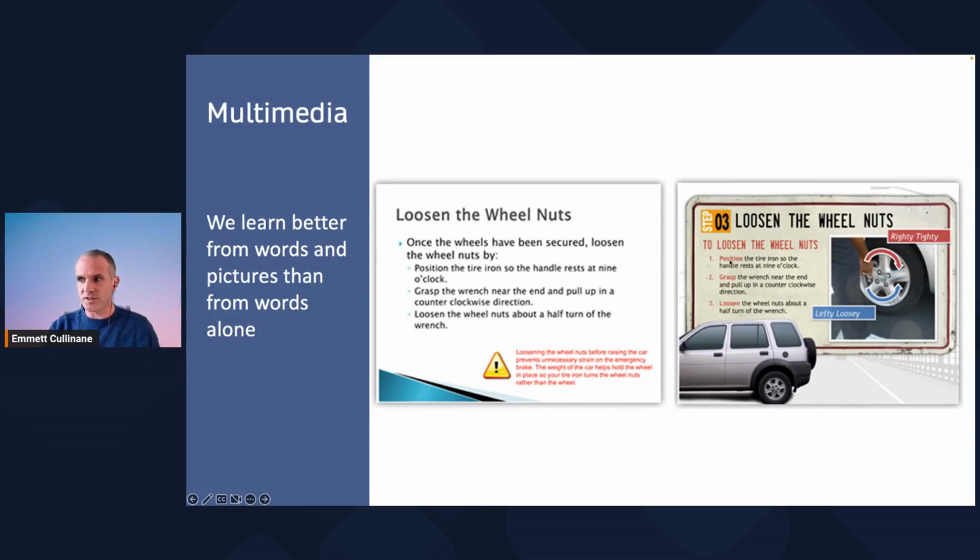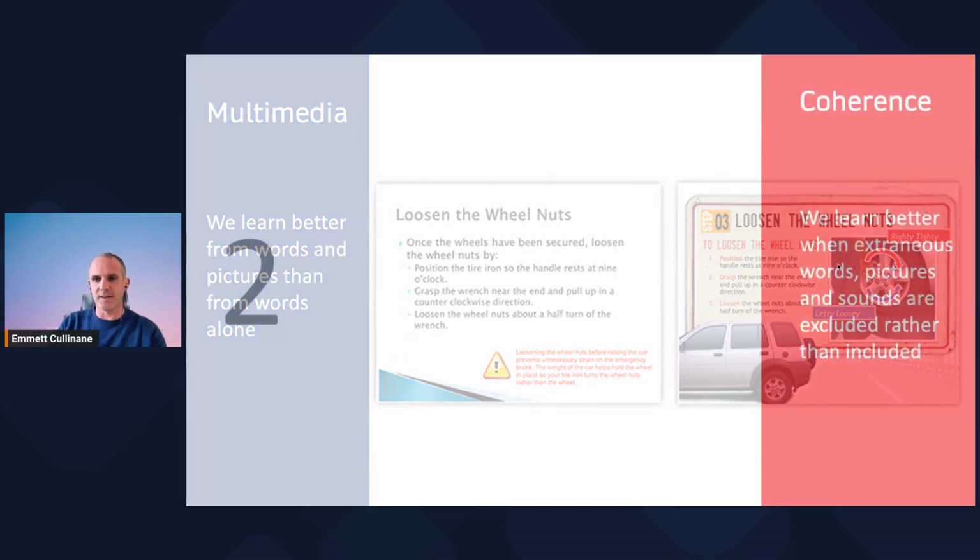So the instructions, the steps, the active verb is still the same, but now you have the addition of a picture. And my favorite part of all is they've added in righty-tighty and lefty-loosey, because that's all we ever need to know. But this, they found, is much better for the learner. They can see it, and they don't have to then use their cognition, their brain, in imagining it. So that's number one, multimedia.